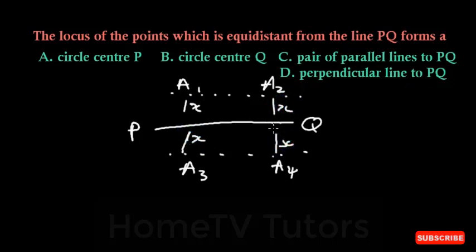In 2 dimensions, the locus of the point consists of 2 straight lines parallel to PQ, each at equal distance from PQ. So answer option C is the right answer.